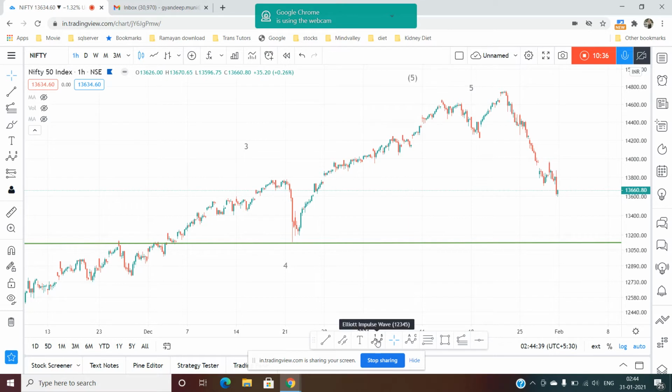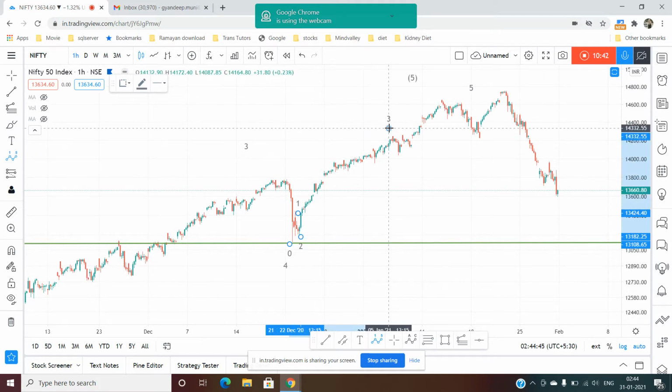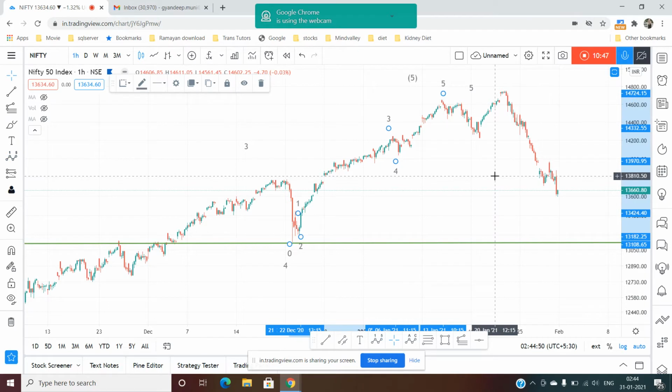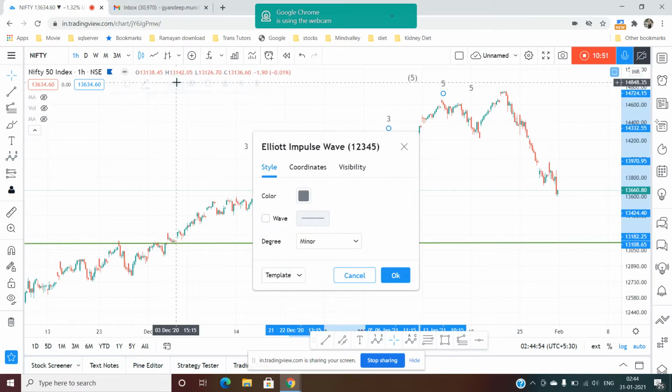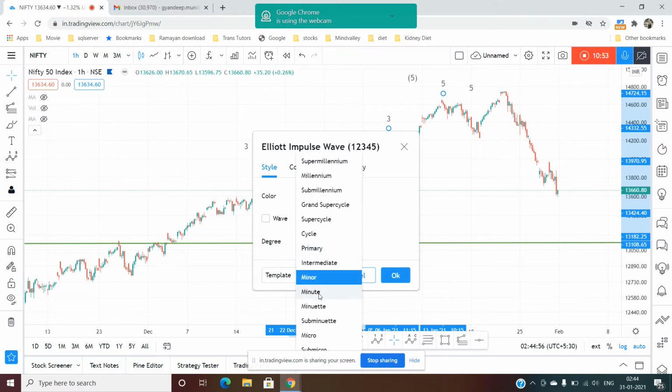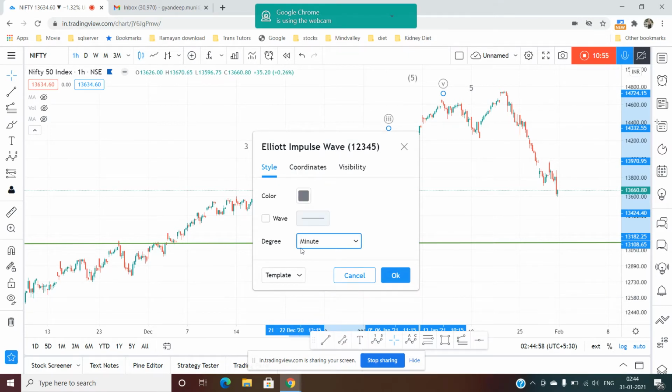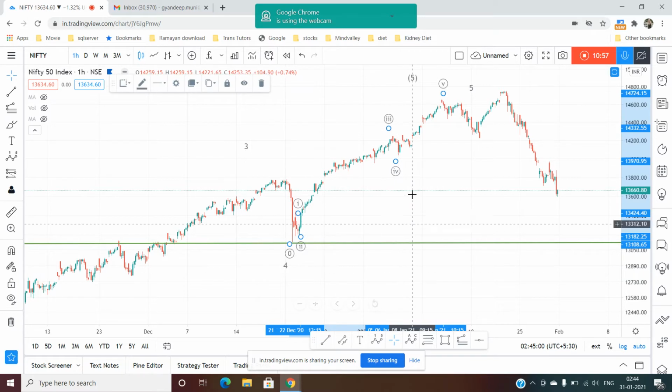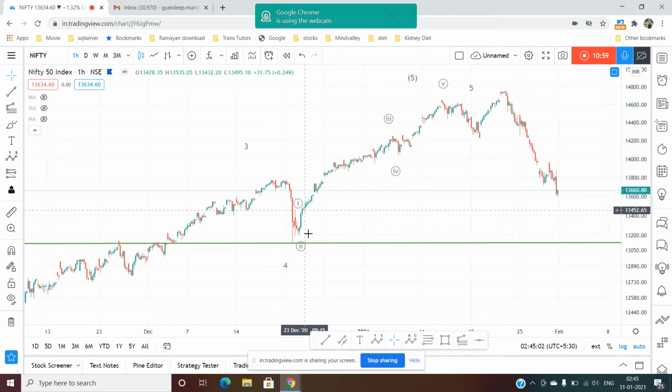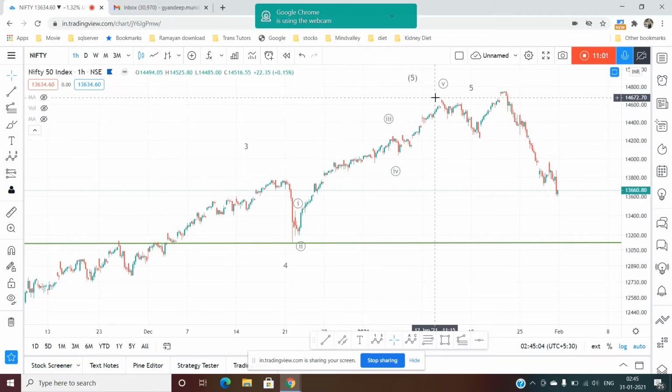So we can say we are in the 1, 2, 3, 4, and 5. And we go to the lower chart, the minute one. 1, 2, 3, 4, 5.